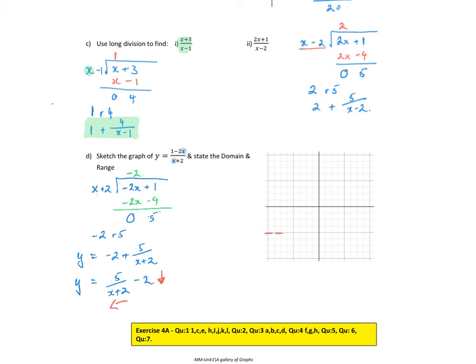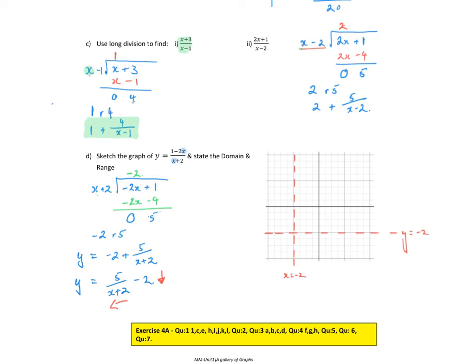So asymptote there, and we're going to label that as y equals negative 2. Vertical asymptote, 2 units to the left, even though it's a positive 2, and I can say x is equal to negative 2.